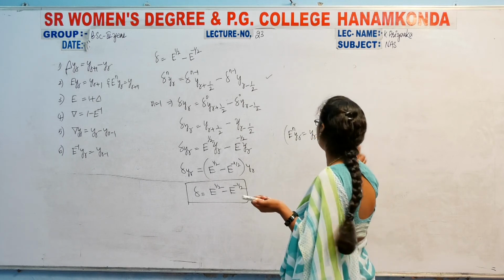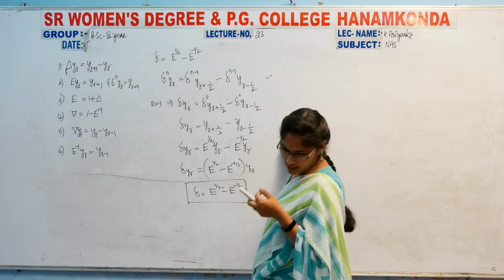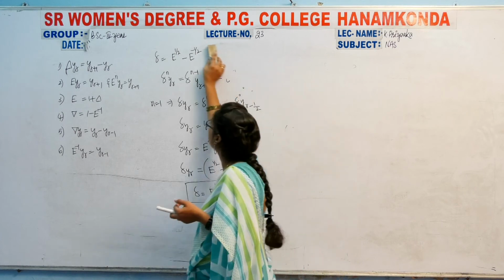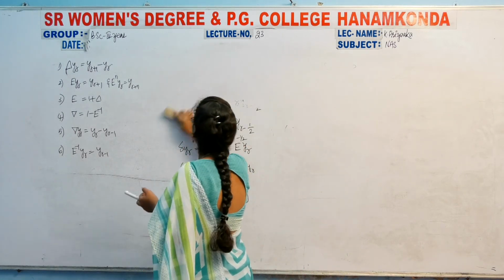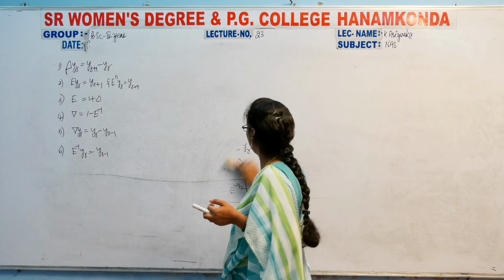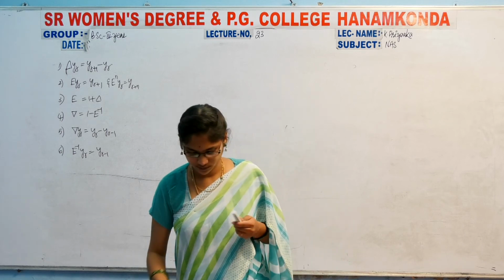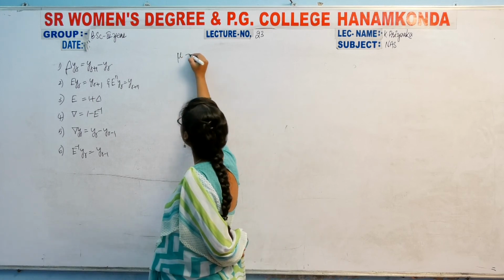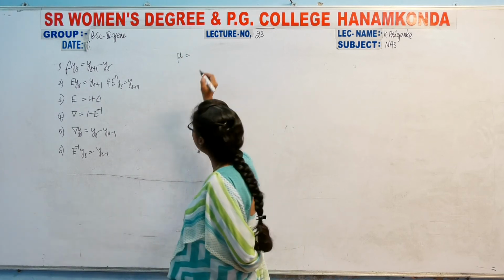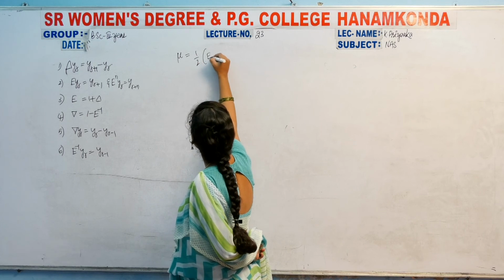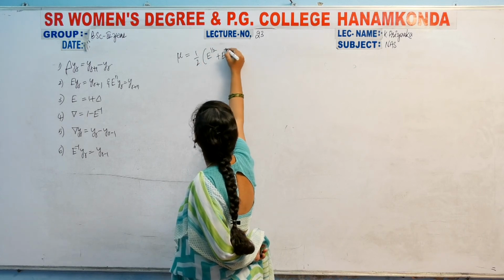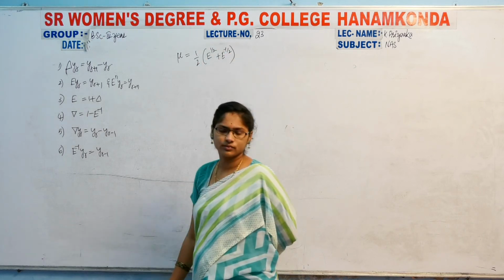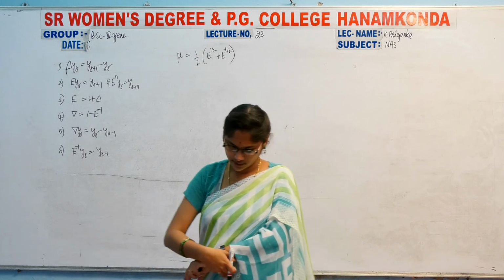Next question. To prove that mu equal to 1 by 2 of E power 1 by 2 plus E power minus 1 by 2.